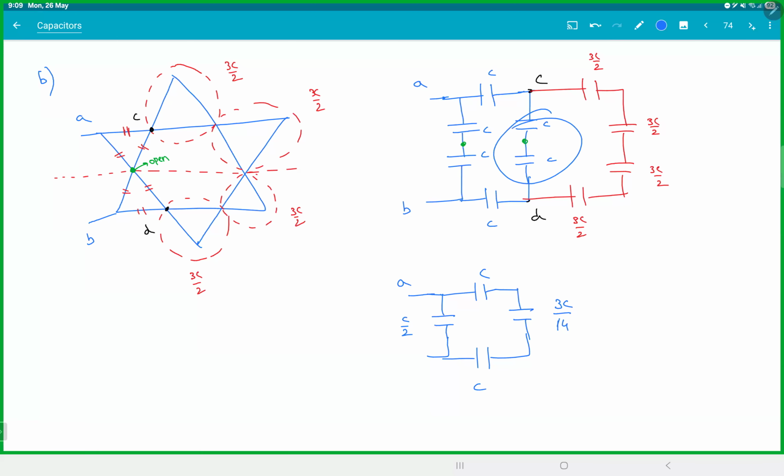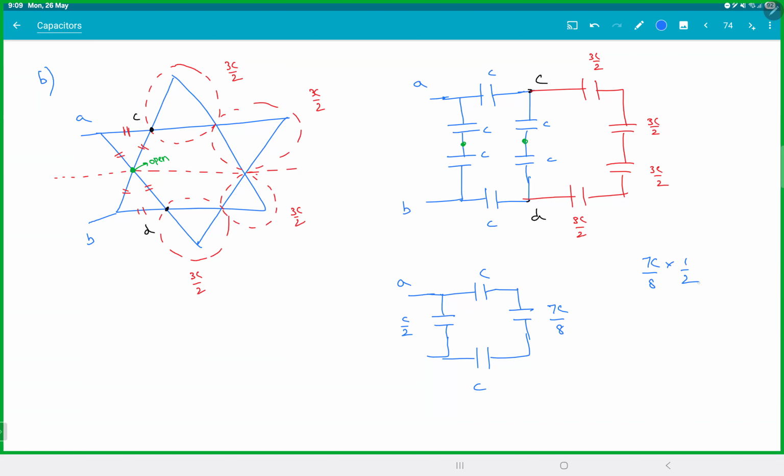This will be C by 2 and this will be 3C by 8. 3C by 8 into C by 2. Shit, I won't parallel, na? Why am I doing that? That is 3C by 8 plus C by 2 directly. 4 and 8, so that is 7C by 8. I'm having a problem nowadays.